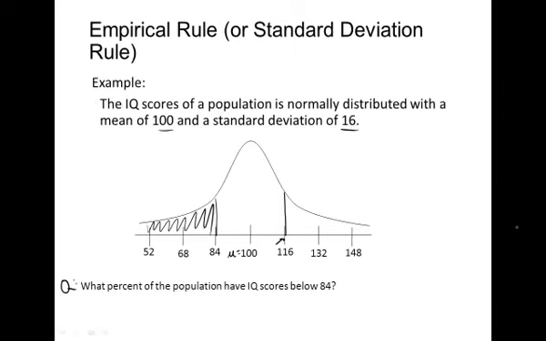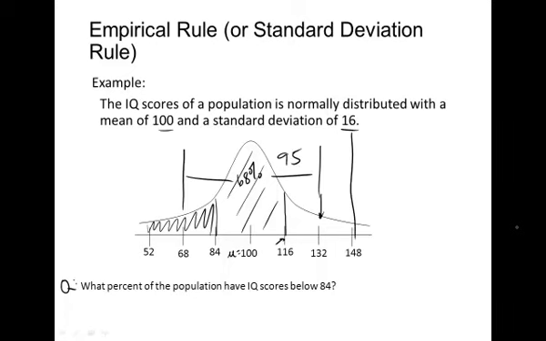So you know that this area is 68%, and you know that 95% is encompassed within 2 standard deviations of the mean. So that's 95, and then 99.7 for the rest.